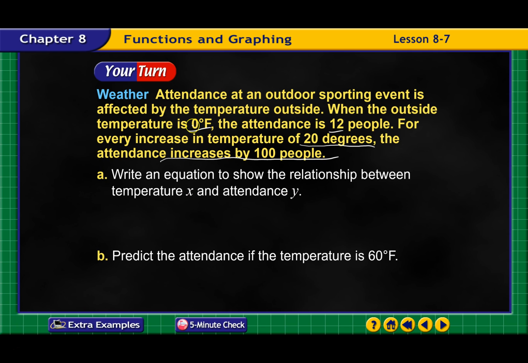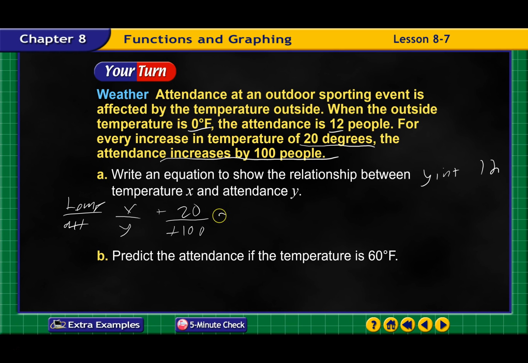All right, so at 0, we'd have 12. So that looks like a y-intercept. So y-intercept is going to be 12. So as it increases by 20, they said temperature is going to be X, so temperature is 20, and an increase of 100 to give me my X over Y. So that would be temperature over attendance.